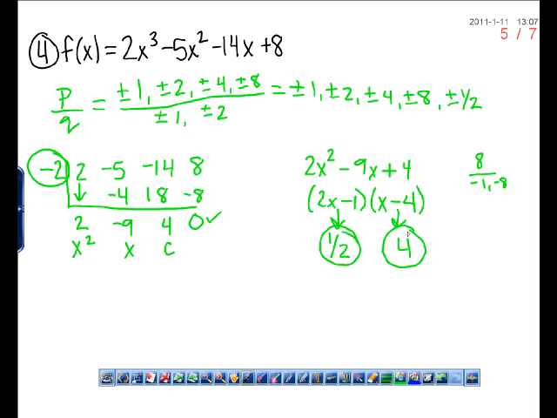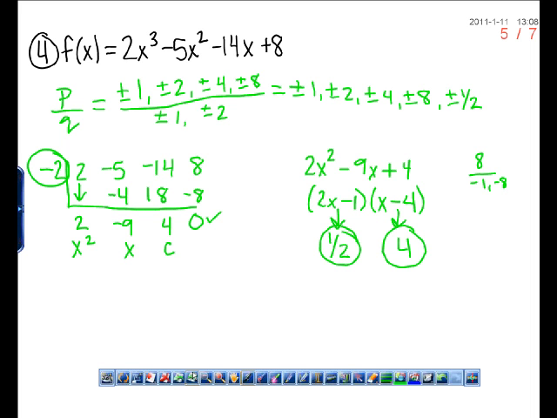What if 2x squared minus 9x plus 4 did not factor? Yeah, quadratic formula. Negative b plus or minus square root of b squared minus 4ac all over 2a. We'll practice one of those if we have time at the end.